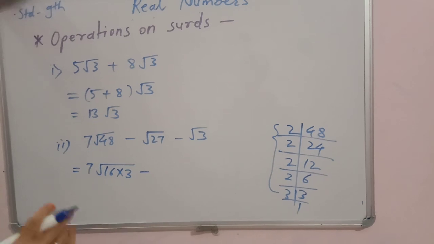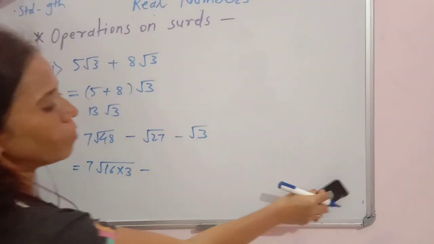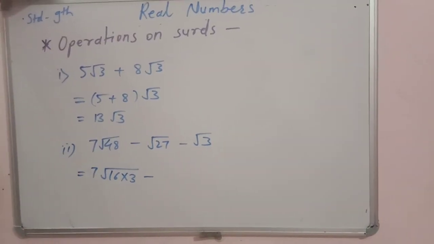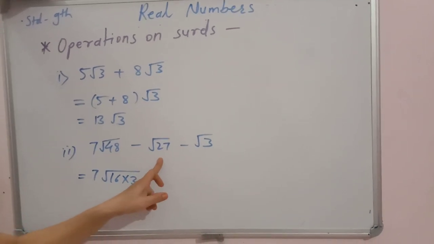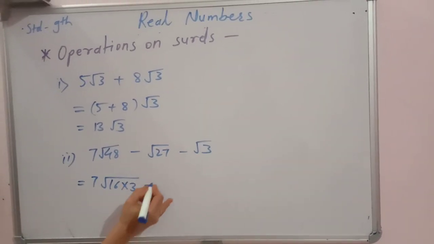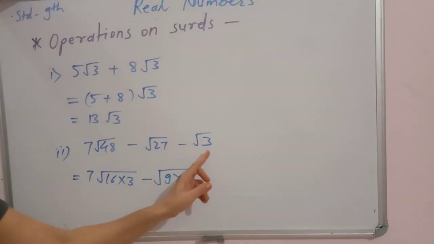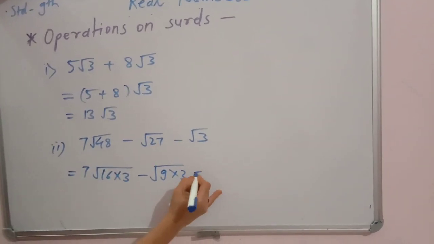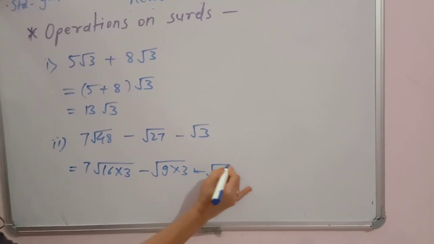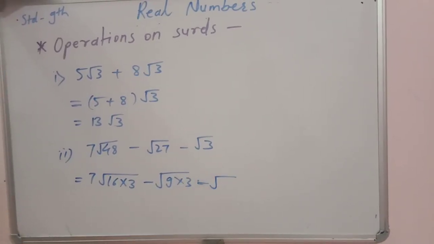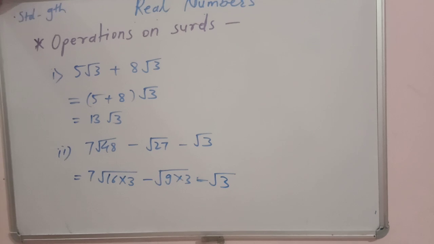Minus root 27. Easily you can tell me, what is the factorization of 27 such that one number is a perfect square? 9 times 3. So I will write it like this, and 3 is a surd, which means it is already in simplest form, so I will write it as it is.